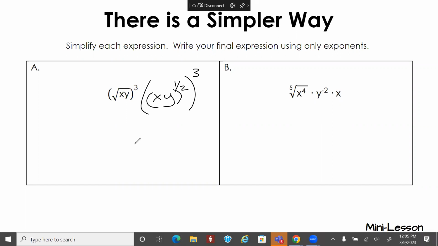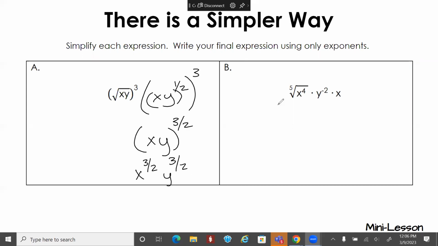So that's going to give us xy raised to the 3/2. Another way to write this is x to the 3/2, y to the 3/2. Power to a power, we multiply. So I got the 1/2 from the square root.